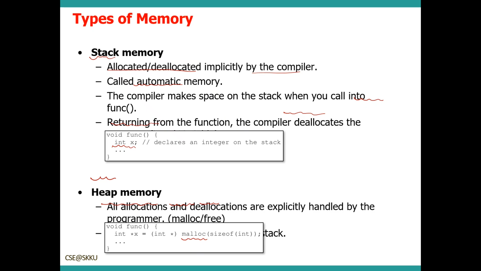But the address for the heap memory itself is stored on the stack. So when we allocate stack memory for this function, the address for this variable is stored in the stack memory, but the real space for the data is allocated in the heap area.